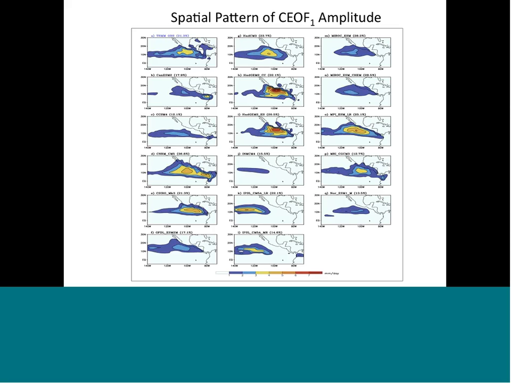For example, the French CNRM model, and also the Hadley models. Although some models overestimate the amplitude, in several other models the amplitude is very weak. For example, panel J, the Russian model. Also, the last one, panel Q. Next, please.